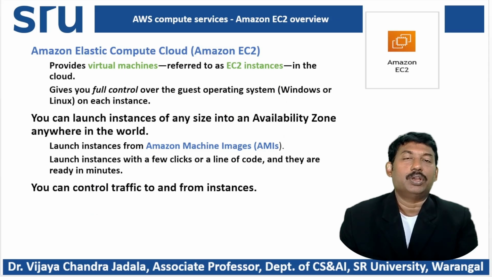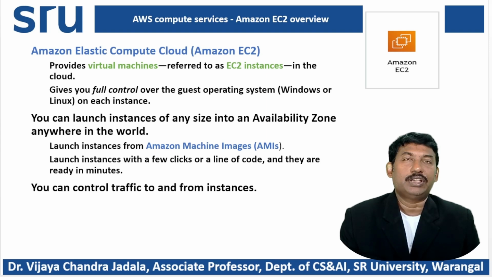Next concept: Amazon Elastic Compute Cloud provides virtual machines which are called instances, that is EC2 instances, in the cloud. We are going to have full control over the guest operating systems such as Unix, Linux, Windows, which will be on EC2 instances.